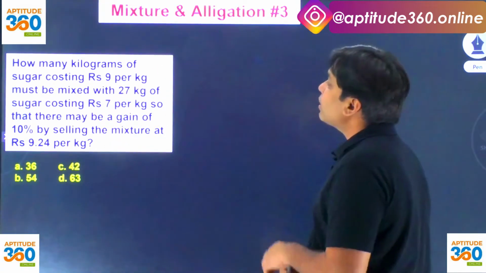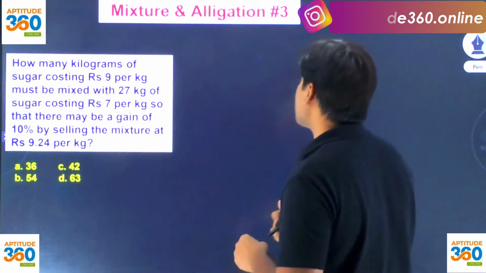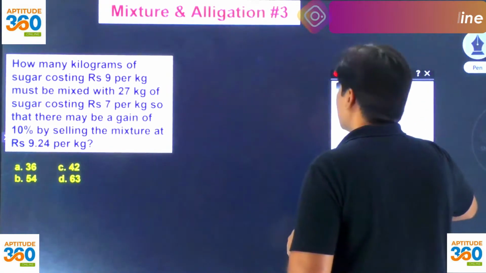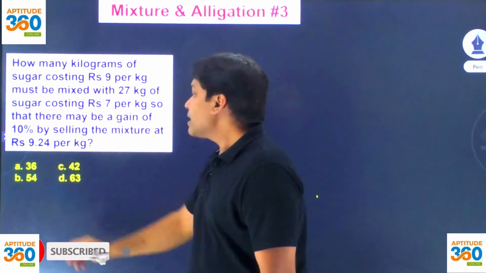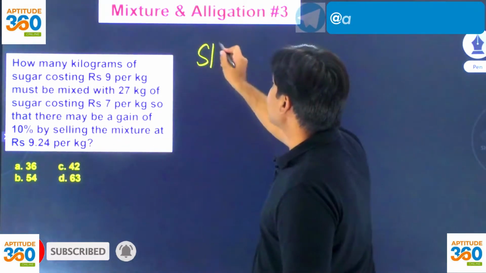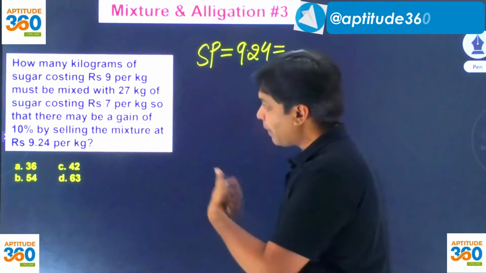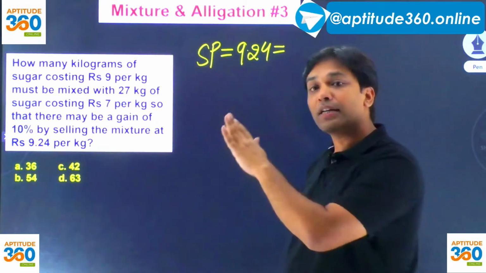Problem बोलता है how many kilograms of sugar costing rupees 9 per kilogram must be mixed with 27 kilogram of. So first of all, you have been given selling price of the mixture as 9.24. Understand this. पहले वाले प्रॉब्लम में हमने कैसे इसको सिंप्लीफाई किया था? We took it as 110% of CP.